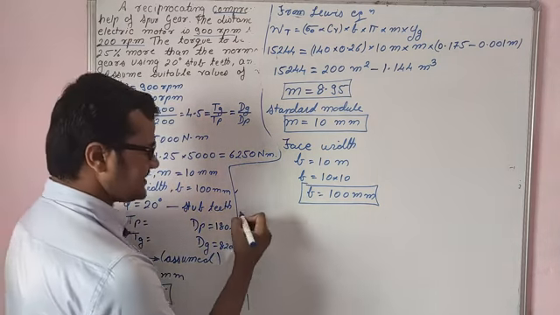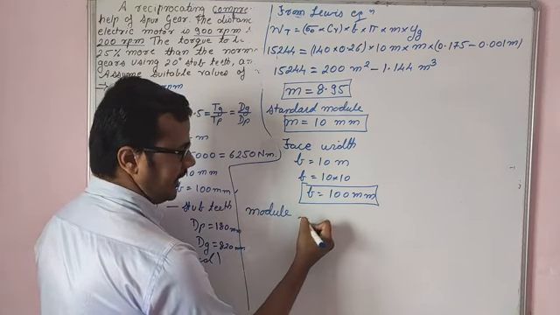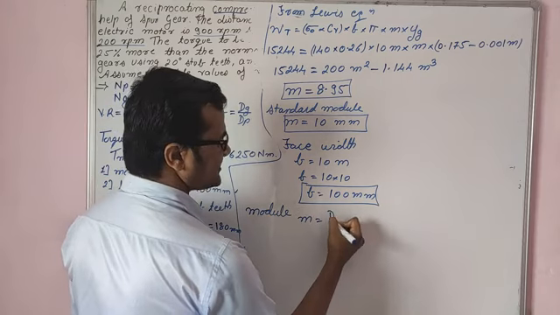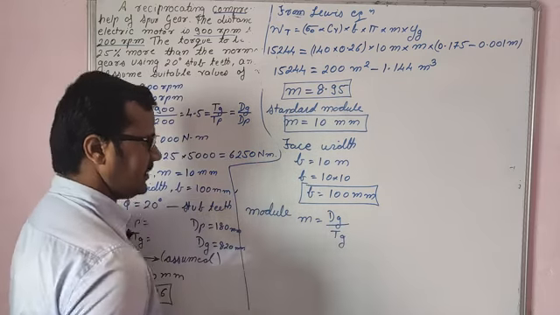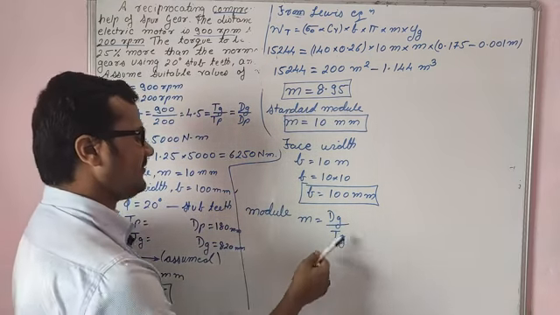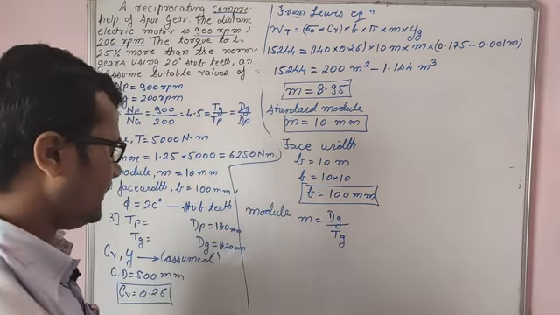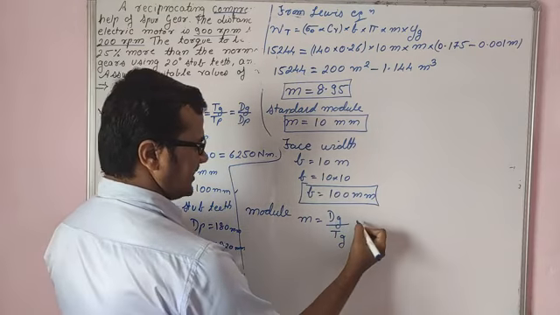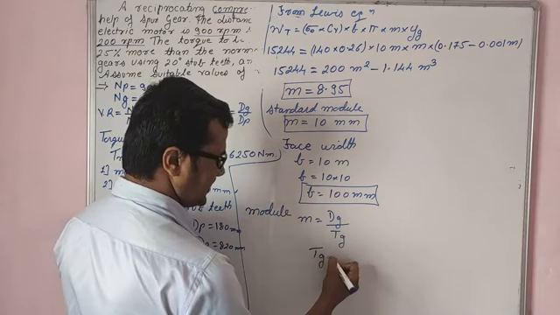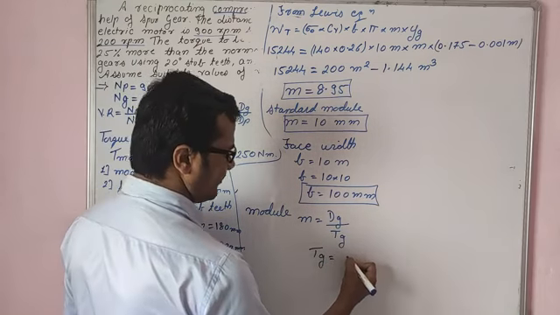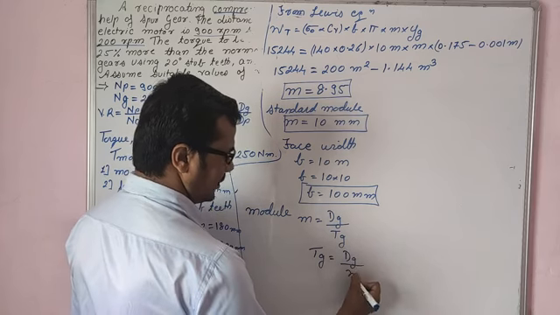Now can I say that module m is equal to pitch circle diameter of gear upon number of teeth on gear? We know that the pitch circle diameter of gear is known to us, so the number of teeth on gear will be equal to pitch circle diameter of gear upon module.